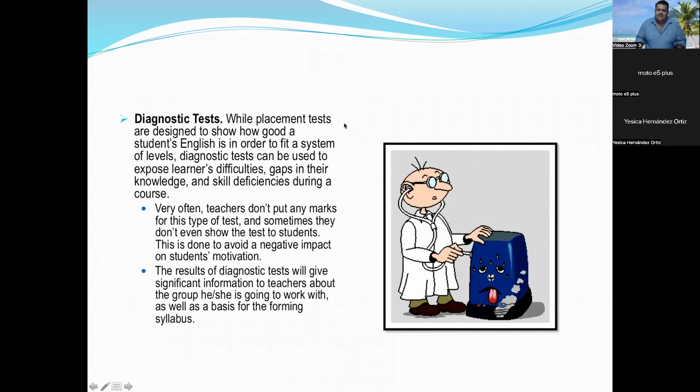Now, diagnostic tests. Can you read this, Paola? Diagnostic tests, well, placement tests are designed to watch how good a student's English is in order to fit a system of levels. Diagnostic tests can be used to expose learners' difficulties, gaps in their knowledge, and skill deficiencies during a course. So diagnostic test, we actually discussed a little bit last class, sorry.